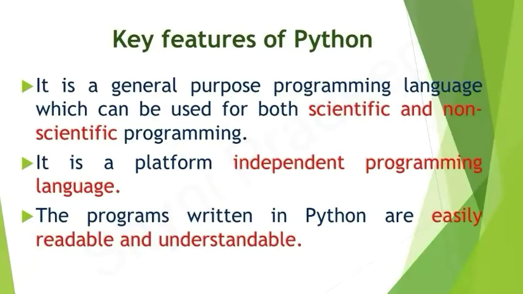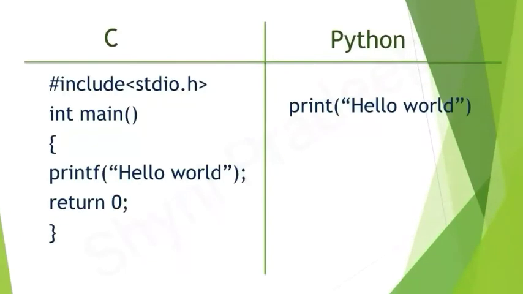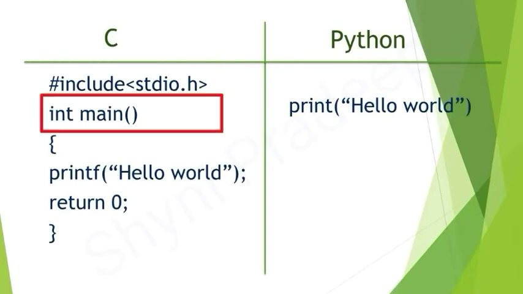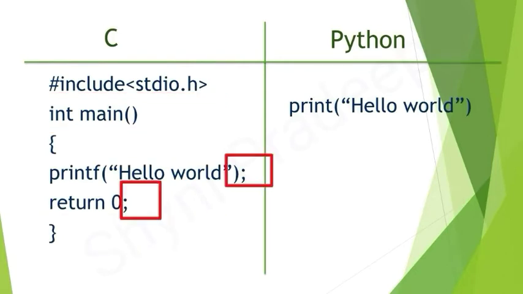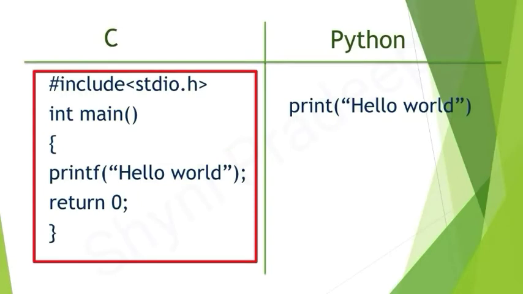So let us see one example. See here, this is a C program and this is a Python program. Suppose you want to print the statement hello world. In a C program, you have to write the header file, write the main function, give the curly braces, give the semicolon, and write all these things.